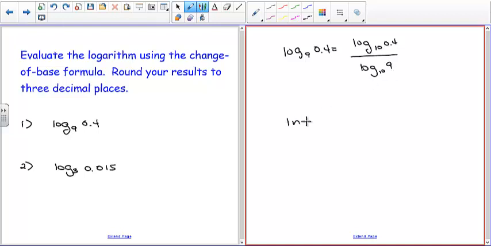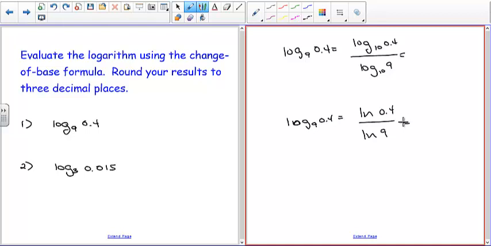Or you could take the natural log: the log base 9 of 0.4 is the natural log of 0.4 divided by the natural log of 9. And if we did this right, we should get the same answer. So we'll see what happens.